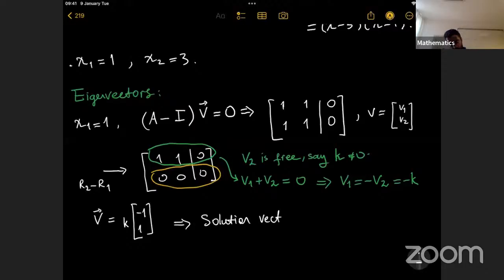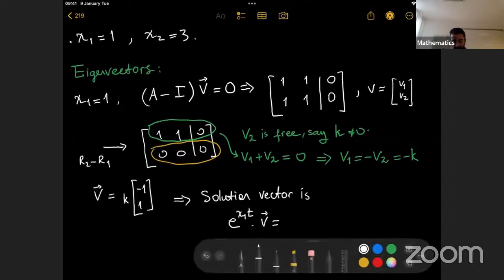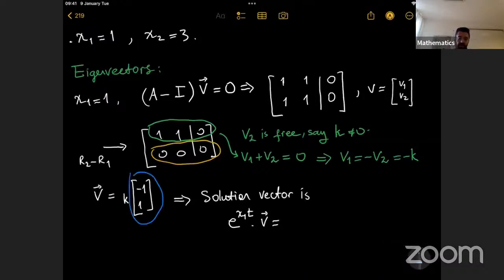The solution vector, remember, is e to the lambda 1 t times v. You can take any eigenvector, so choose only this one, when k is equal to 1. You can choose other ones as well.